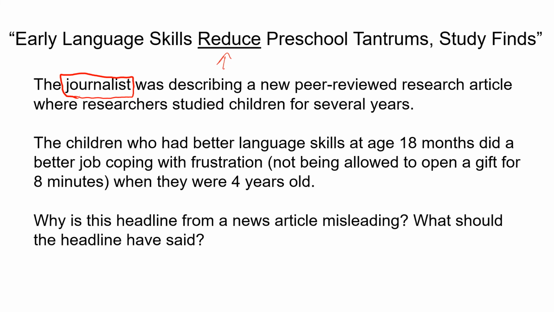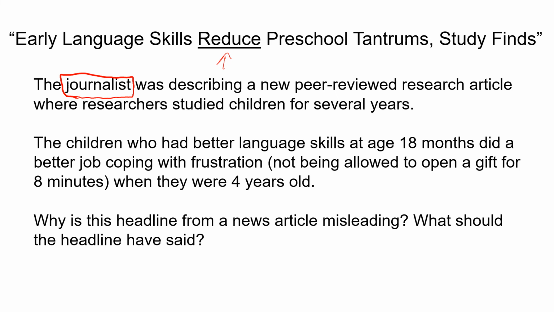So this asks the question, why is the headline misleading? What should the headline have said? Did they manipulate language skills? If they didn't manipulate language skills, if there was no manipulation, we can already say this straight up. If there was no manipulation, then you cannot make a causal claim. They did not manipulate language skills.